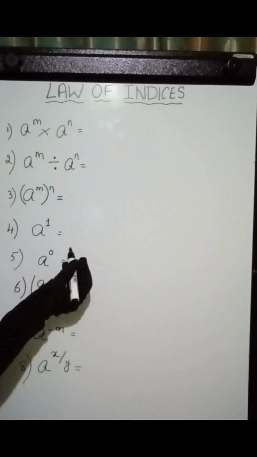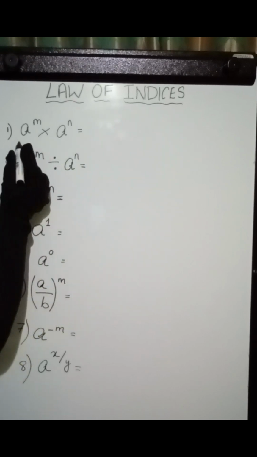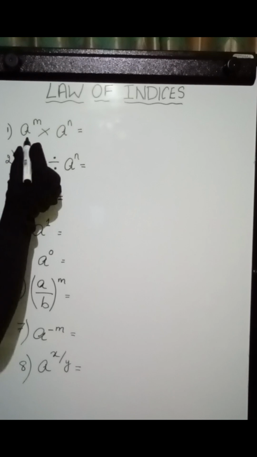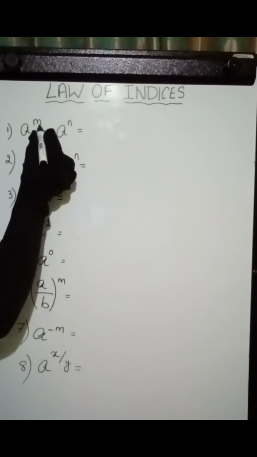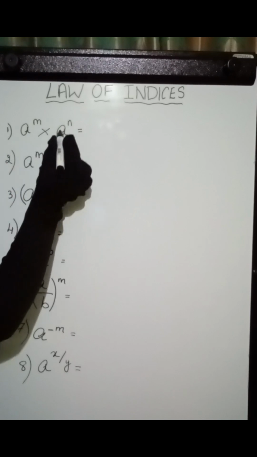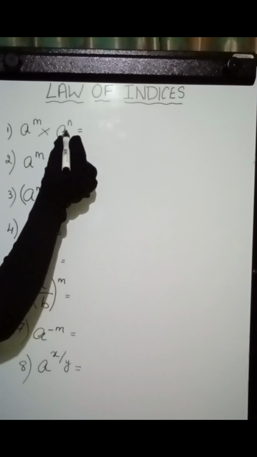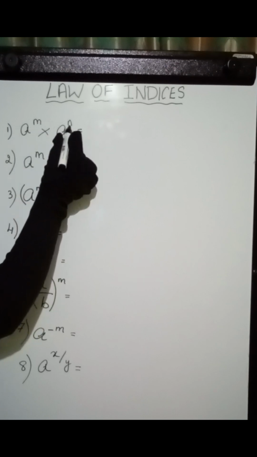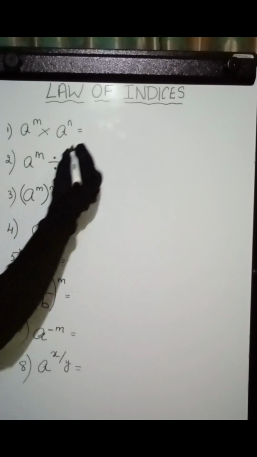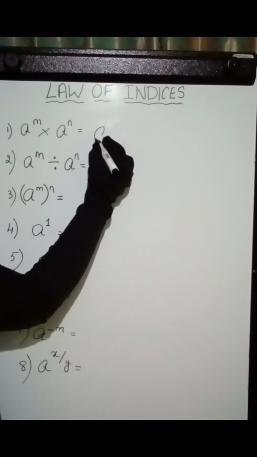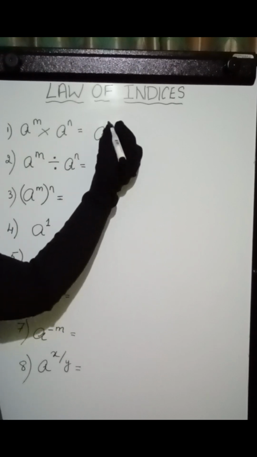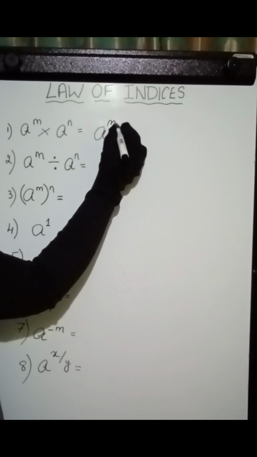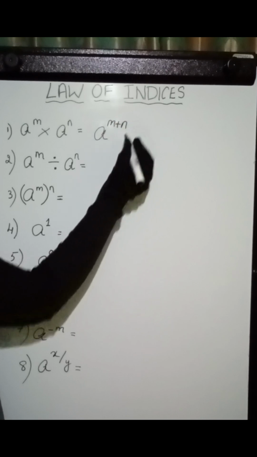According to these laws, point number 1. When you have a to the power of m into a to the power of n, then your powers will get added. So here a to the power of m plus n.